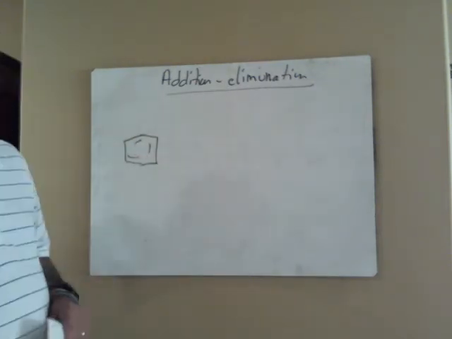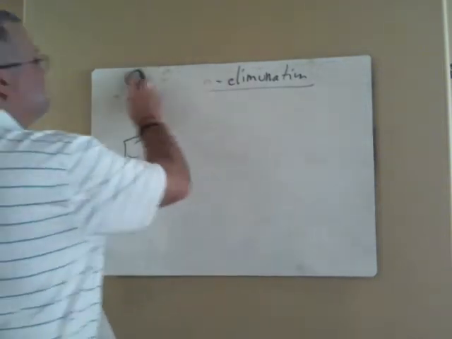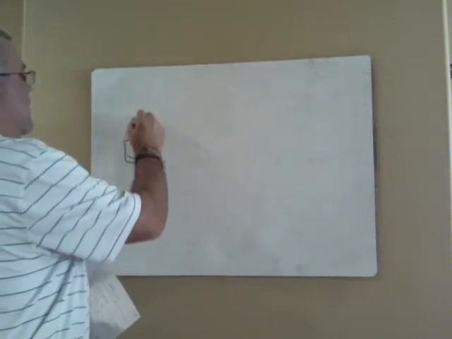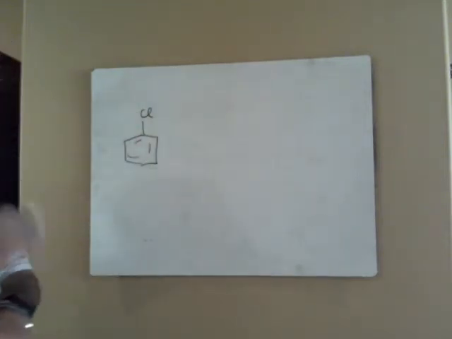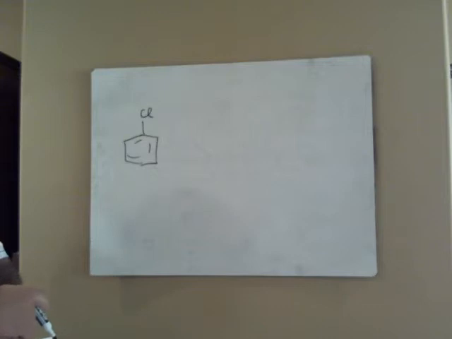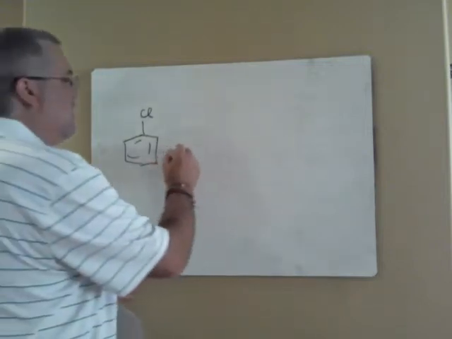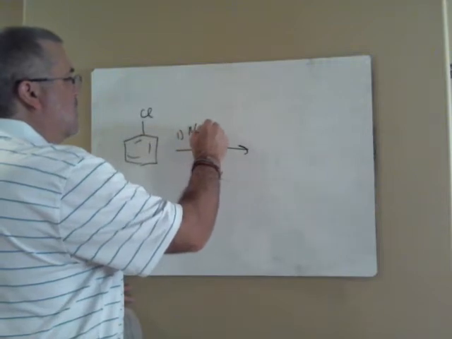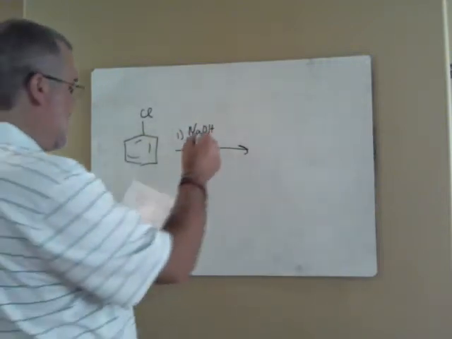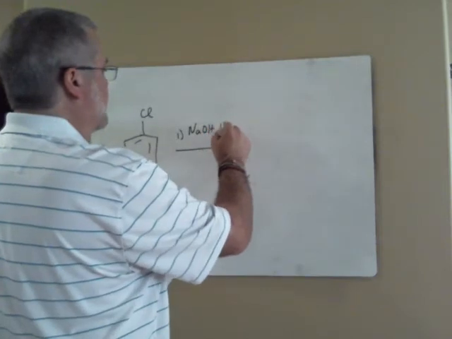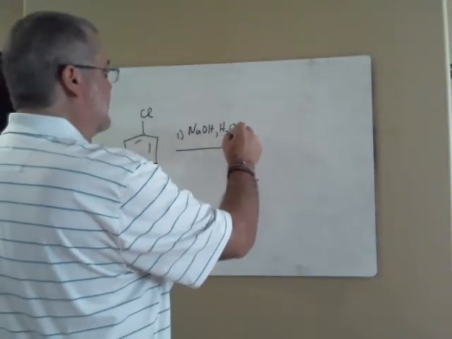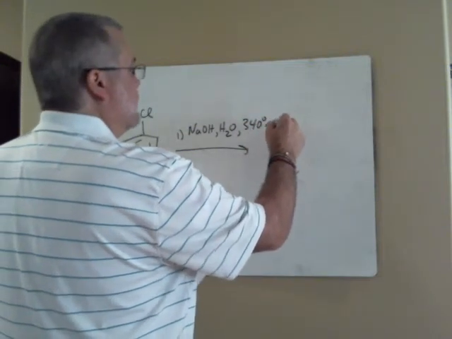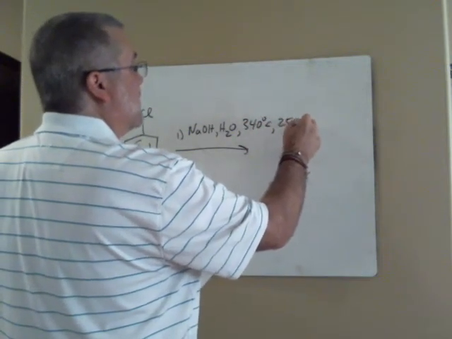Let's say that you have an aromatic ring and you have a halide attached to your aryl group, so you have an aryl halide. You can treat this, it has been shown, under really harsh conditions with a nucleophile, something like sodium hydroxide, which remember is always aqueous, 340 degrees Celsius, 2,500 psi.